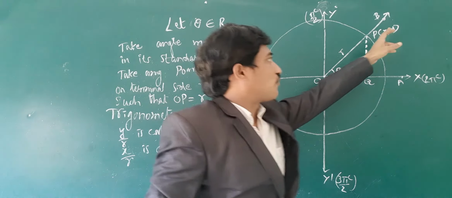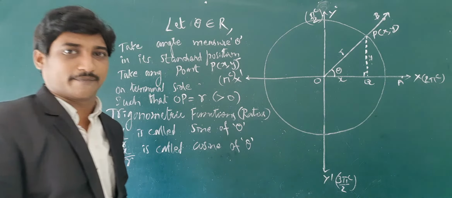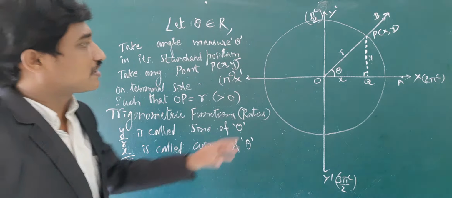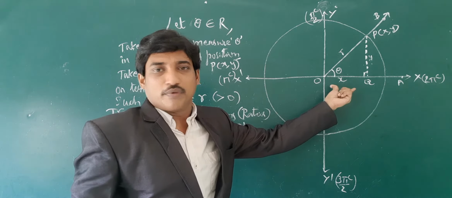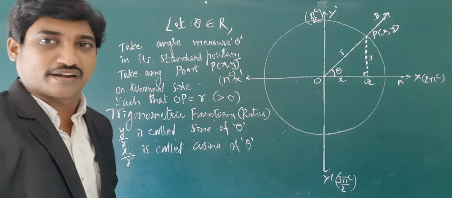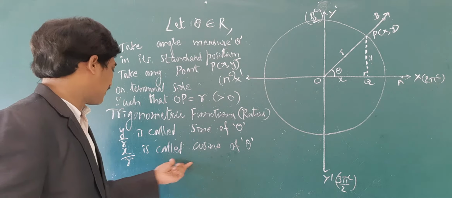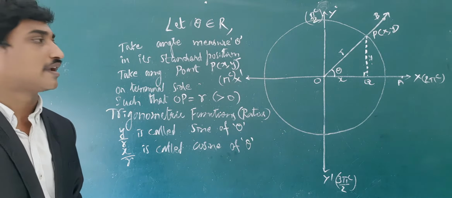Based on a right angle triangle, the adjacent side to theta by the hypotenuse is called cosine theta. We write it as cos theta.